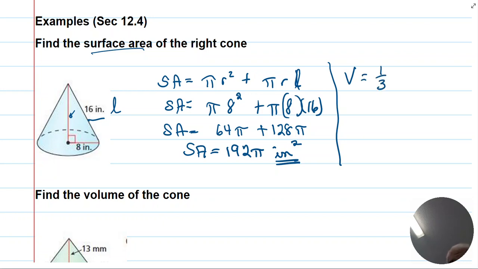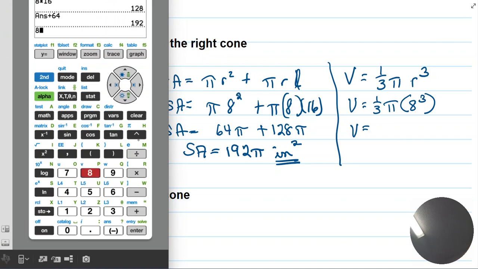So I'm going to have the 1/3 pi, and here I'm going to have the 8 cubed. It's 512, and it's going to be 512 over 3 pi.